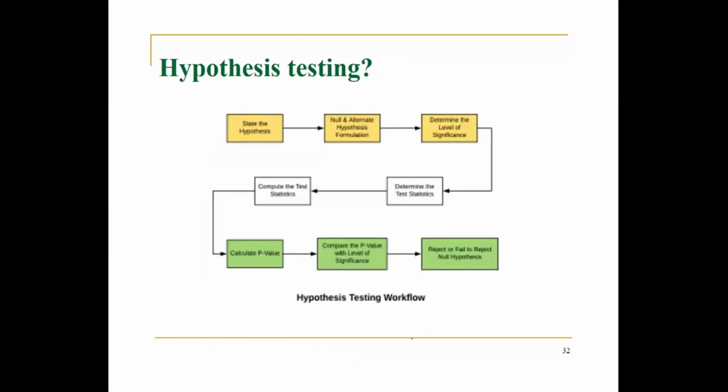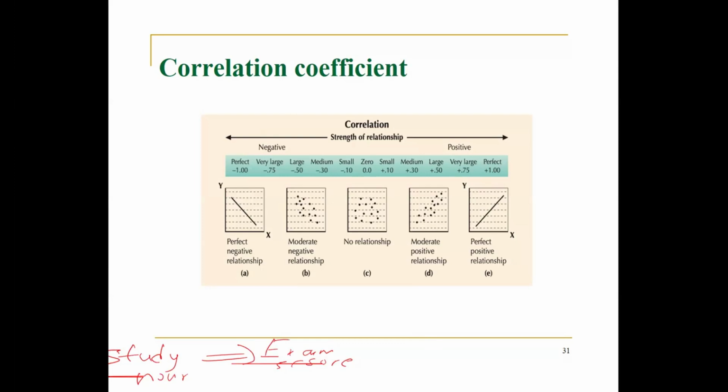We call that Pearson's correlation coefficient. It is a statistical technique that quantifies the strength and direction of the linear relationship between two continuous variables, right?